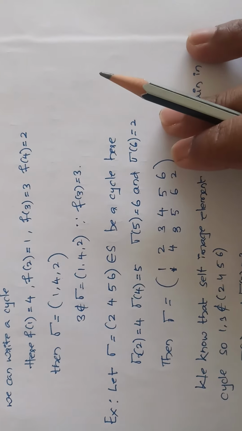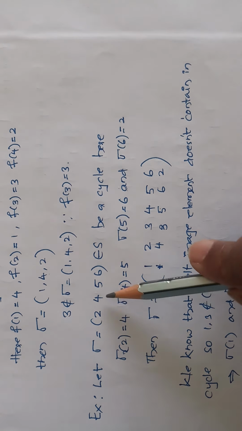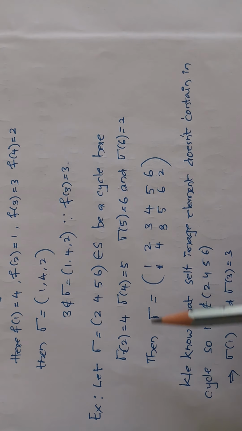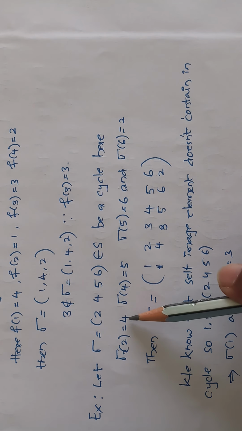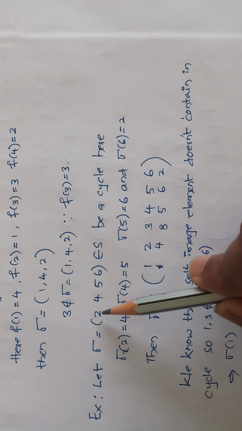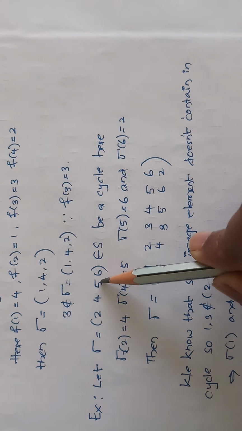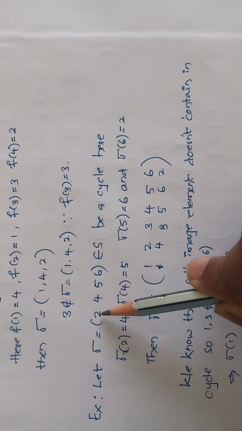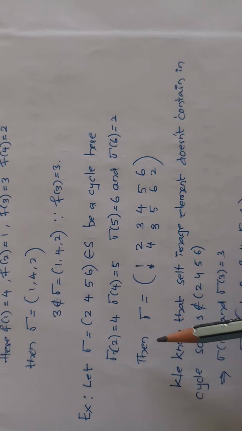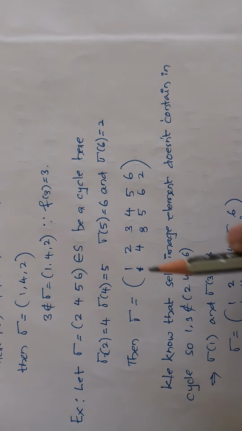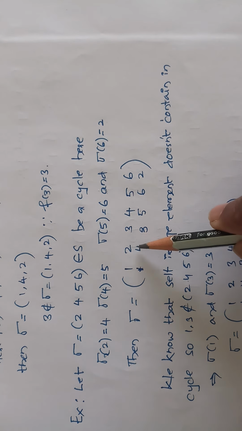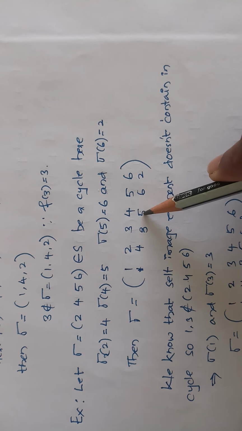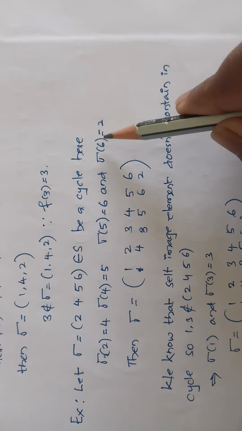So next, here gamma is (2 4 5 6) belonging to S, a cycle. Gamma of 2 is equal to 4, gamma of 4 is equal to 5, gamma of 5 is equal to 6, gamma of 6 is equal to 2. So 2 goes to 4, 4 goes to 5, 5 goes to 6, 6 goes to 2.